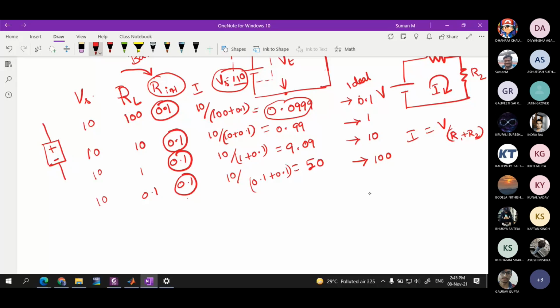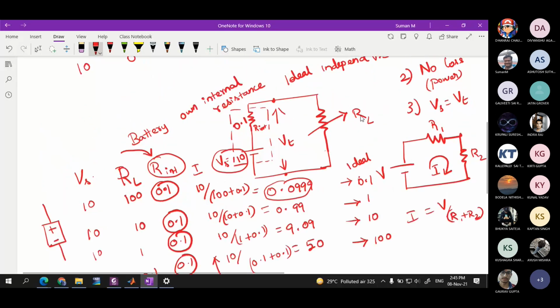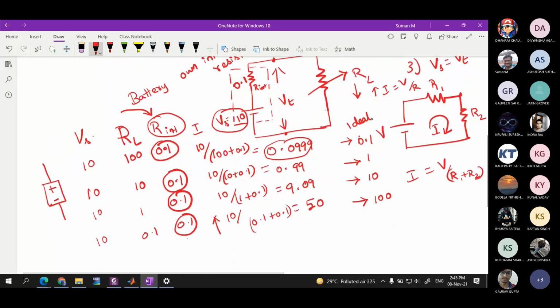So what it is doing is, when the current is increasing, meaning when the external resistance is reducing, you know that if the resistance reduces, current will increase, because I is equal to V by R, right? So if current is increasing, then the power loss within the source is also increasing.